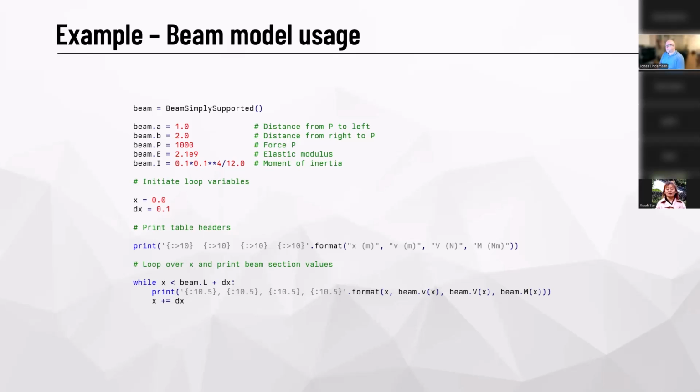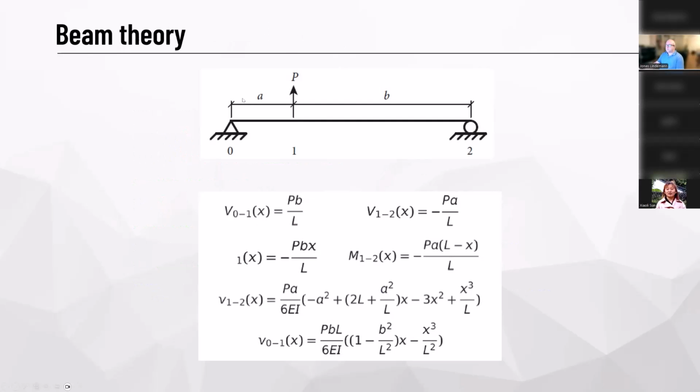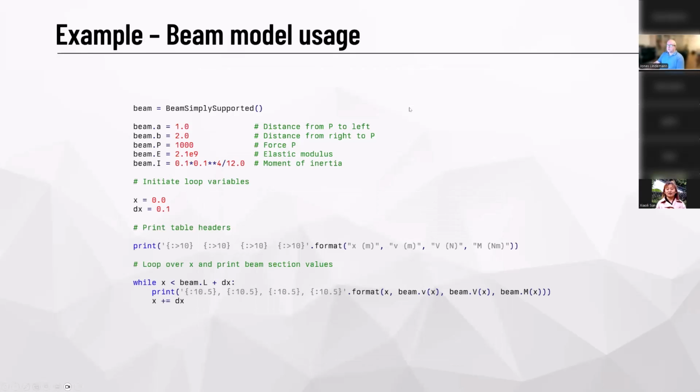And the idea of how to use just the model is that you create a beam object, which is from the class beam simply supported. And the beam has A and B properties, just like the things here, A and B. We have a force P, which we can add as a property here, E for the elastic modulus, and I here for the moment of inertia.